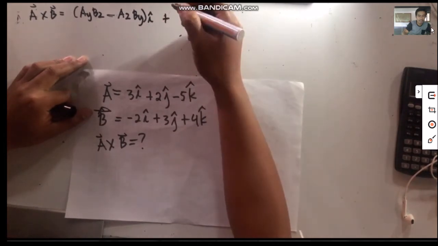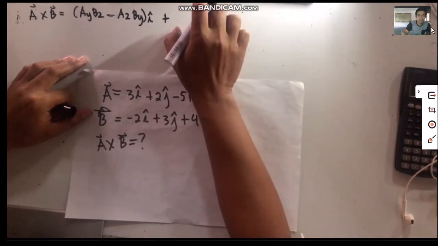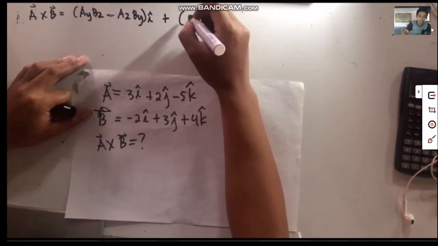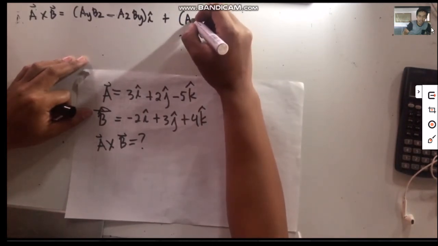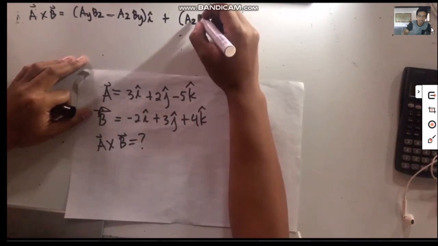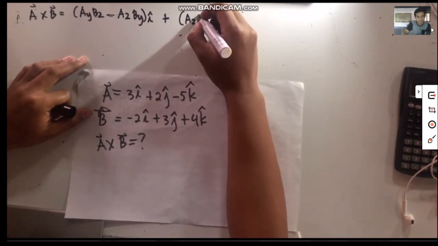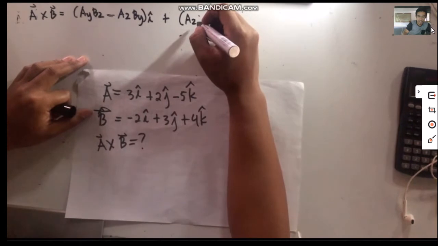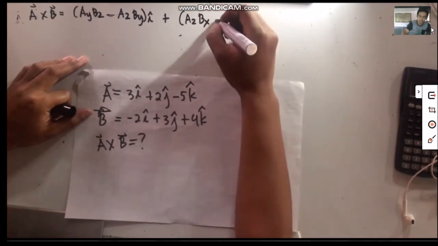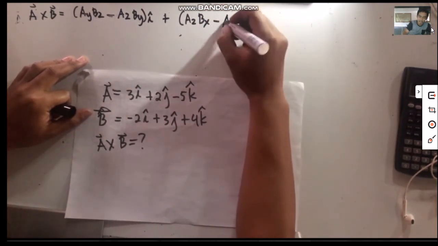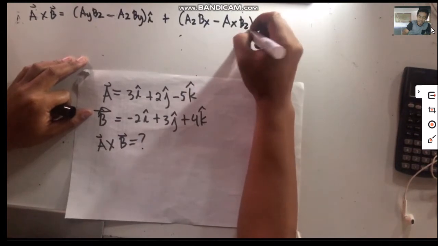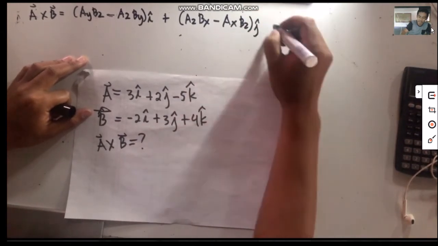Plus, for the y component, what's next to y is z, then we have the z component of A, so az, what's next to z is x, xyz, xyz, so we have bx, minus ax bz, then j hat.